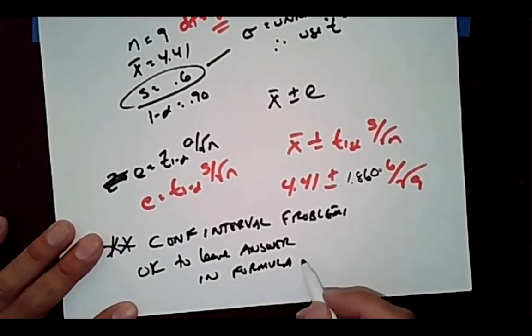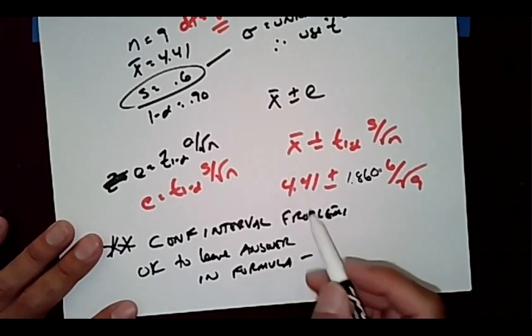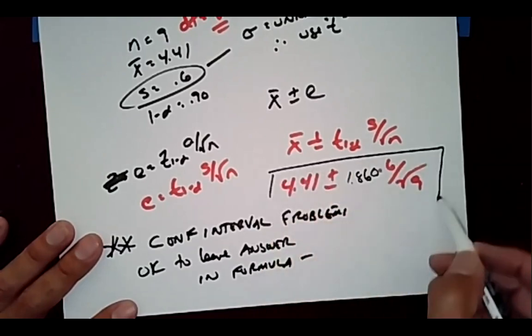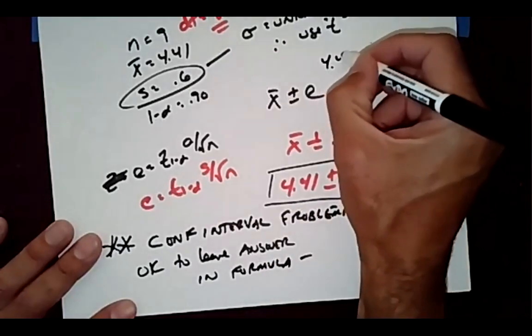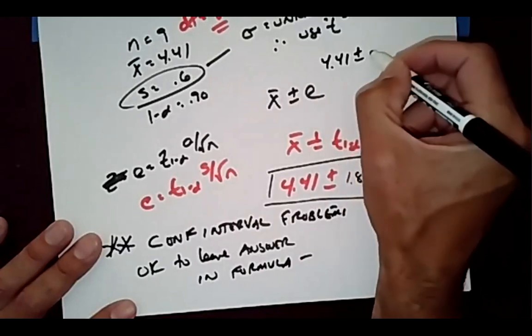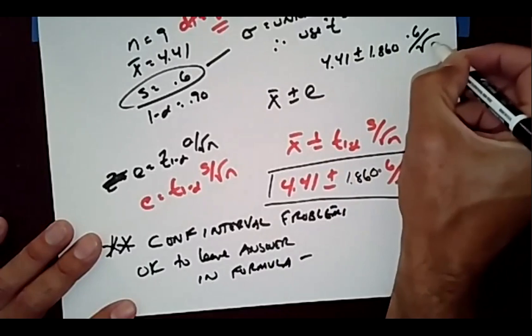It is okay to leave your answer in a formula, meaning an answer on an exam, it is okay to leave it like this. So again, I'll rewrite it up here. 4.41 plus or minus 1.860 times 0.6 over square root of 9.